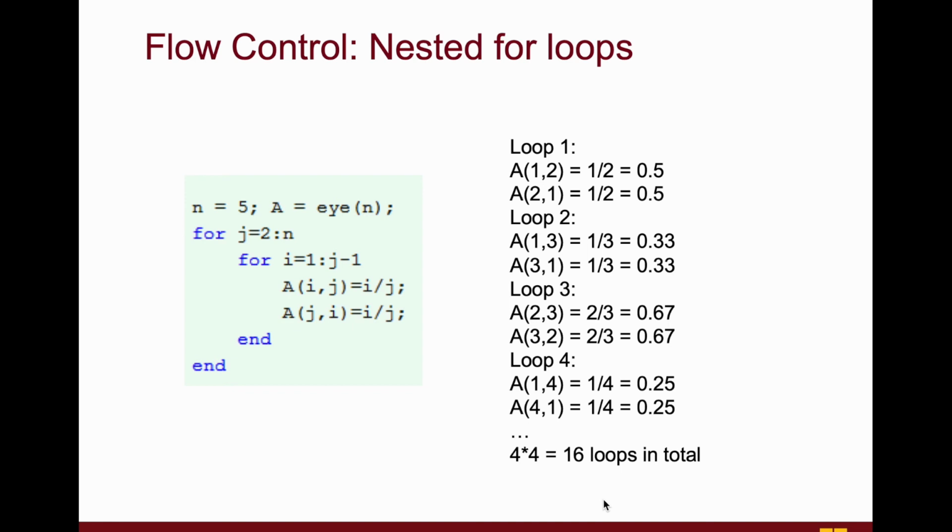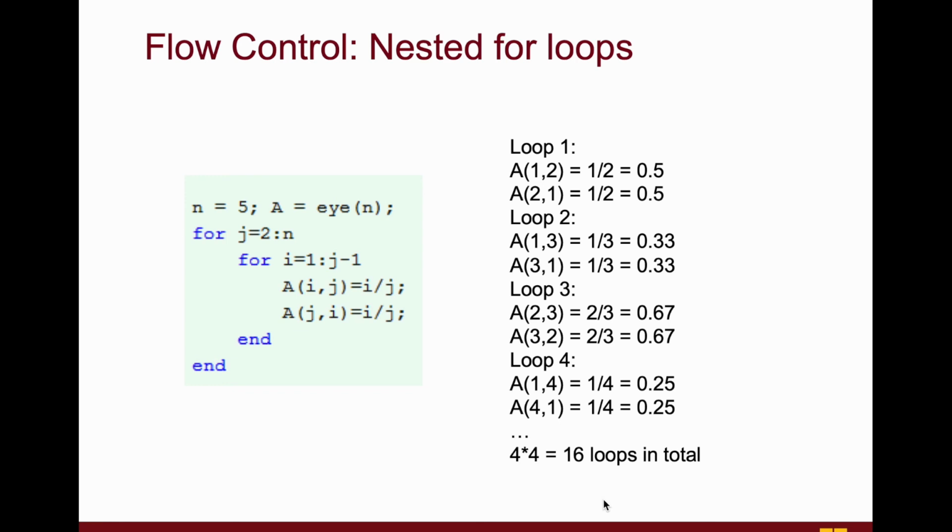Now in loop 3, since i just looped through 1, it still has a value, j minus 1 equals 2, to be looped through. We now have i equals 2 and j equals 3. So in this loop 3, we calculate a23 and a32. Now we have finished the inner for loop.